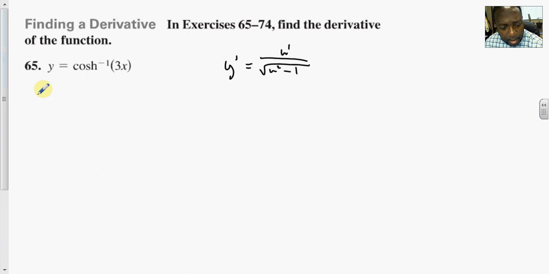Now, here, u is equal to 3x, right? And so u prime is equal to 3.